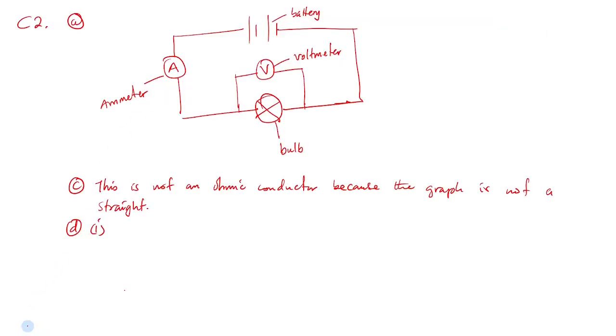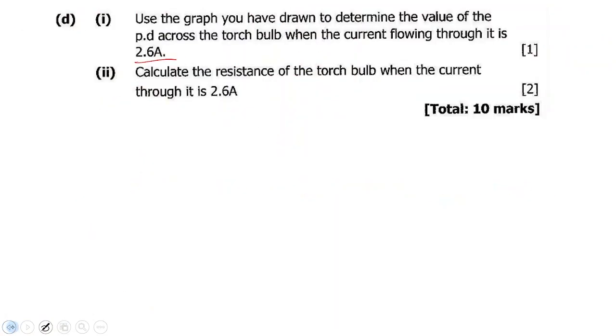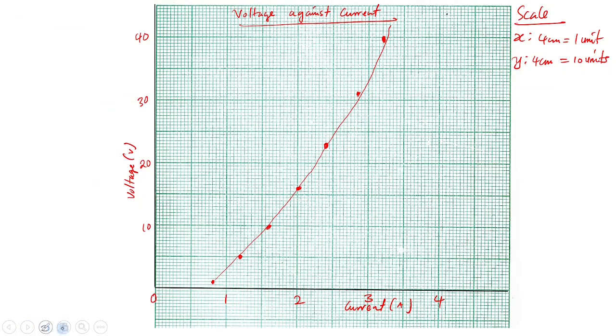So when we come here, 2.6, so 2.1, oh, this is 2.5, so 2.6 is here. So this is 2.5, 2.6 is here.